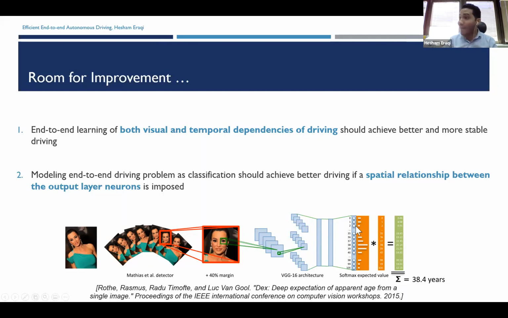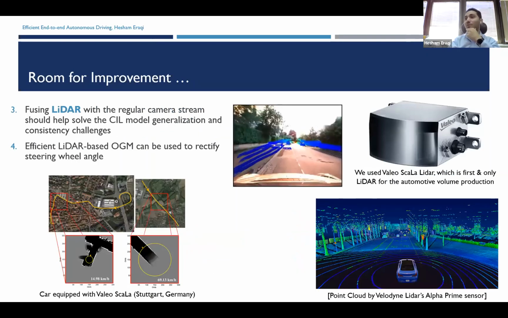And you have one output neuron associated with every age, or maybe in our problem, every steering wheel angle or pressure level on the throttle or the braking pedal, because neural networks are very efficient in discrimination tasks. So we can transform our problem, inspired by other application domains, to classification, and we can even improve the performance.